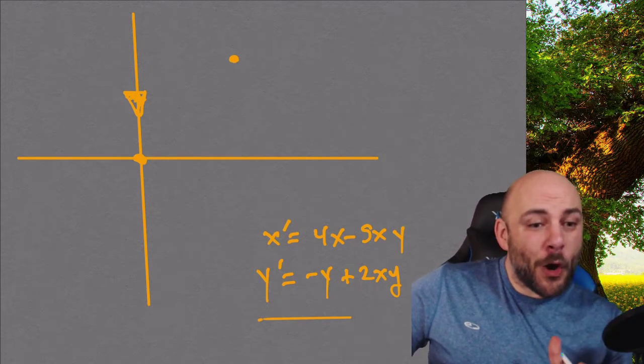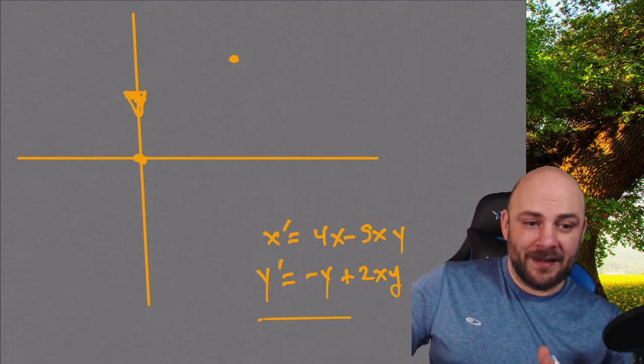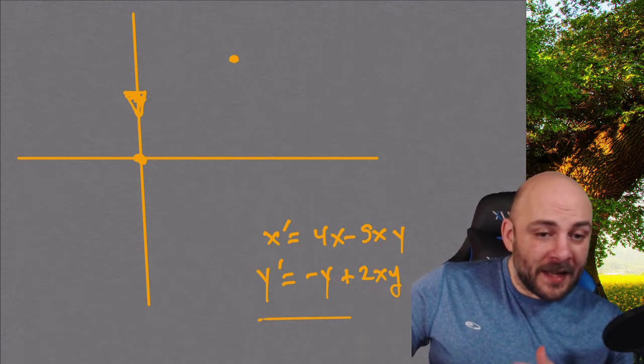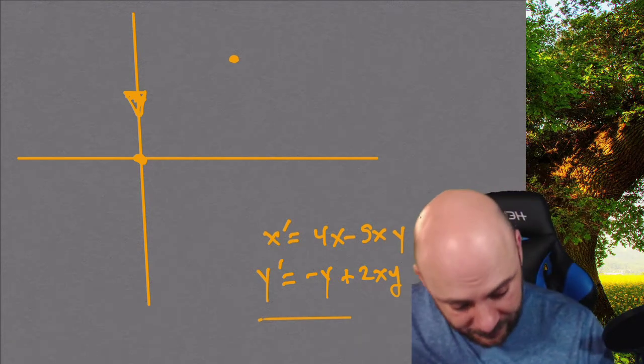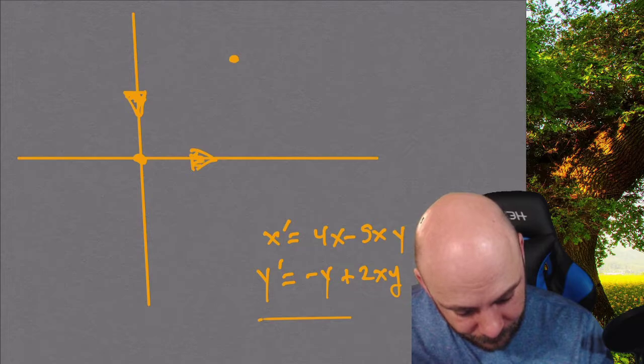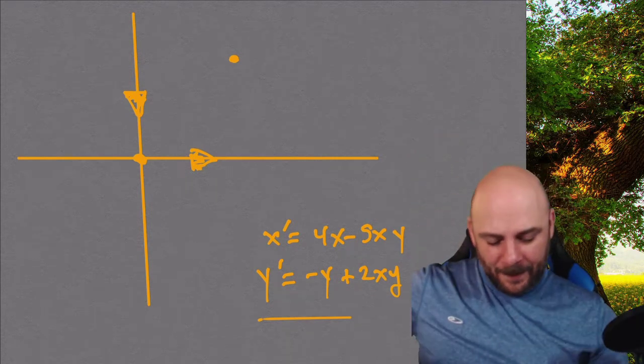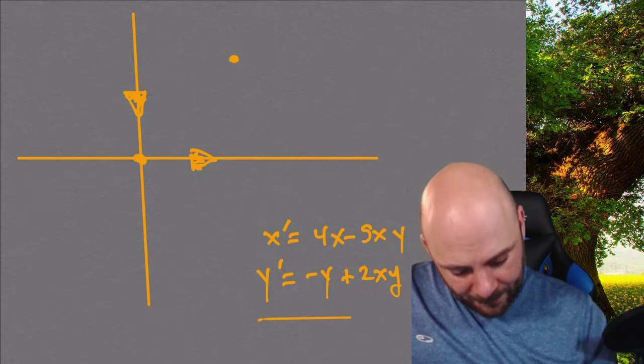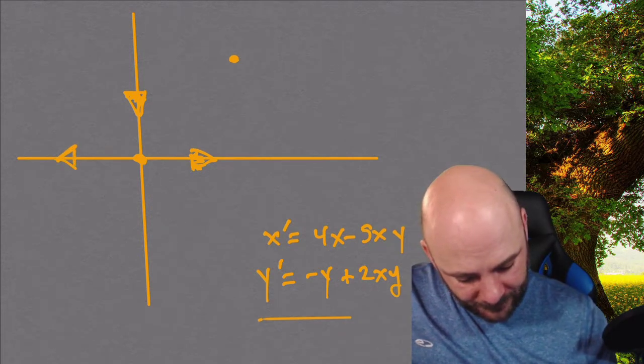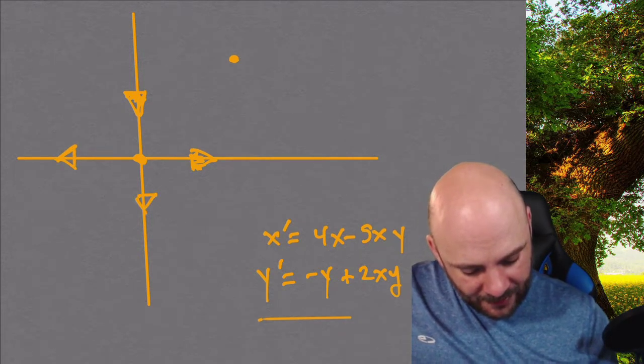Pretend there's no y's. So y dot is 0, and x dot is 4x. So we can already see, ta-da, just like that. Now, that means that I can fill in these arrows here.